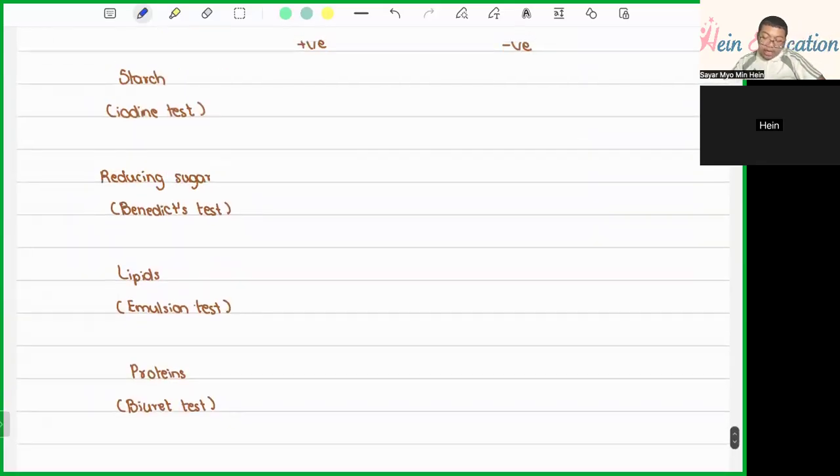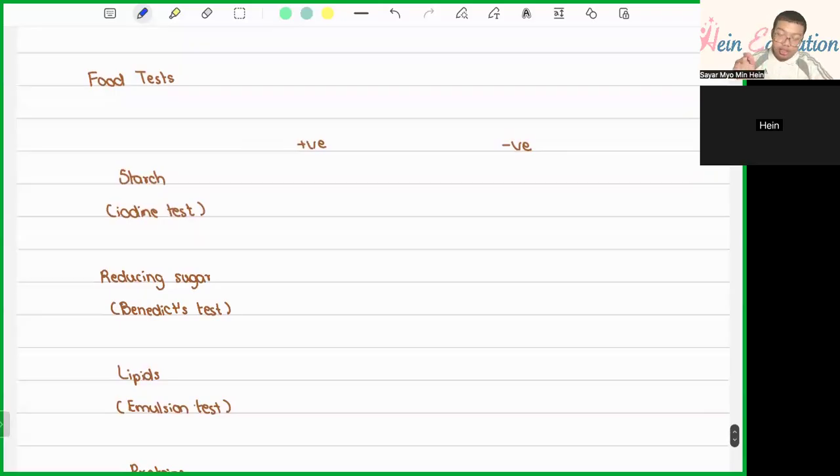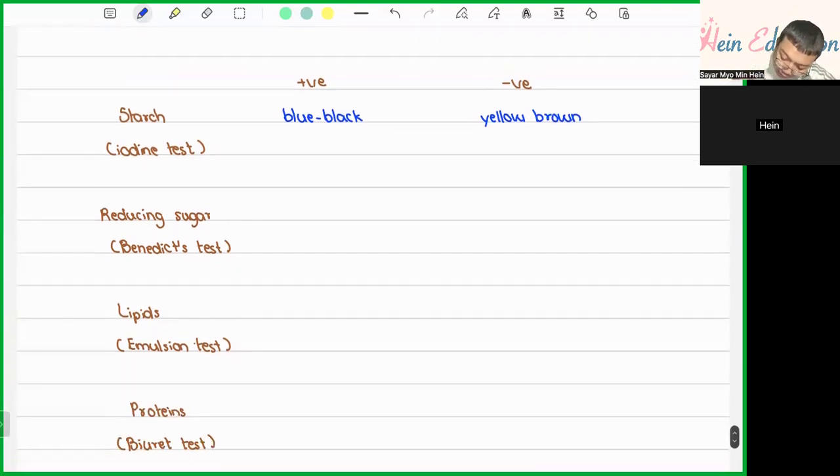Starting off with starch, if starch is present, we will observe a blue-black color. If it is negative, we see yellow-brown or orange. For the reducing sugar Benedict's test, if it is positive, we will observe a brick red color. If it is negative, we will observe blue.